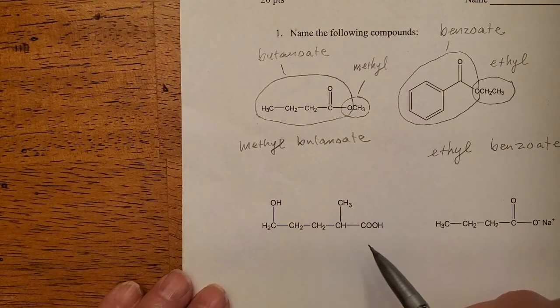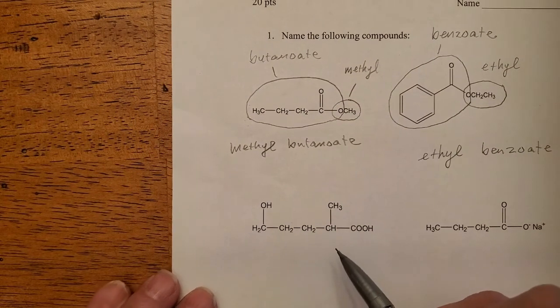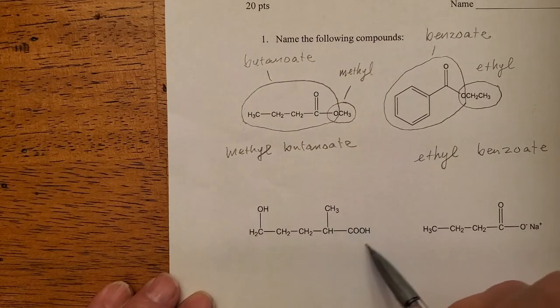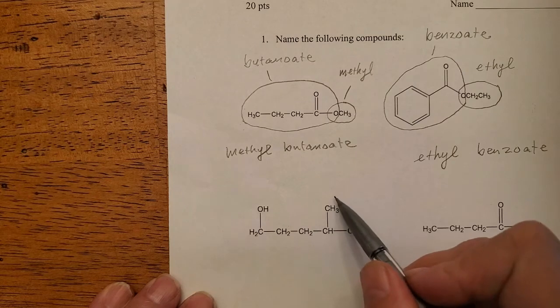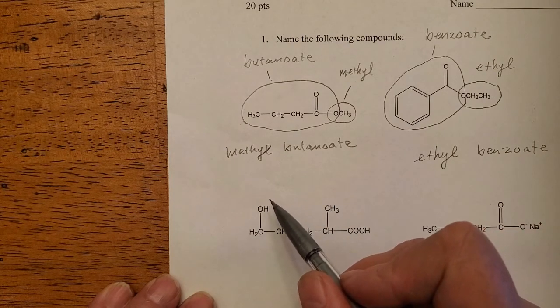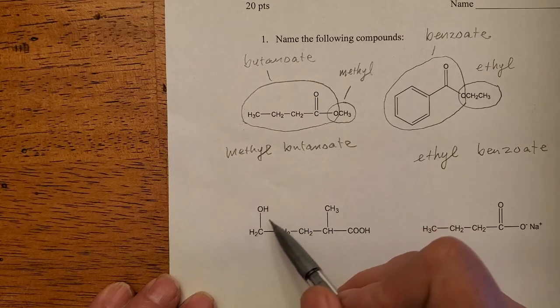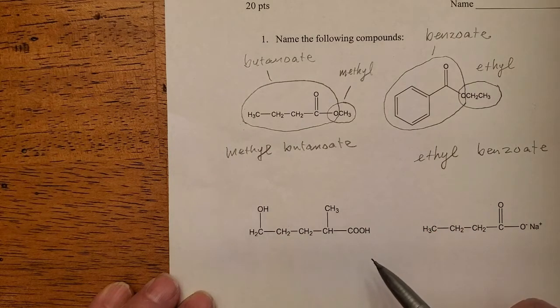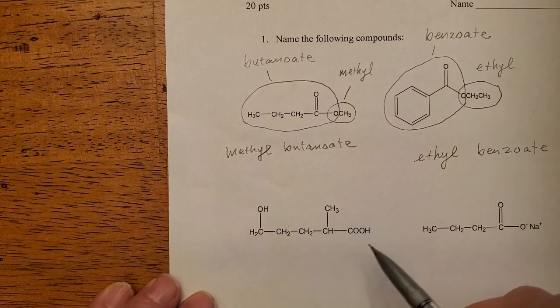Okay, so here's a carboxylic acid. It's got a carboxylic acid functional group, an alkane functional group, and a hydroxy functional group. And if you look at your cheat sheet, you know the highest priority is going to be carboxylate.